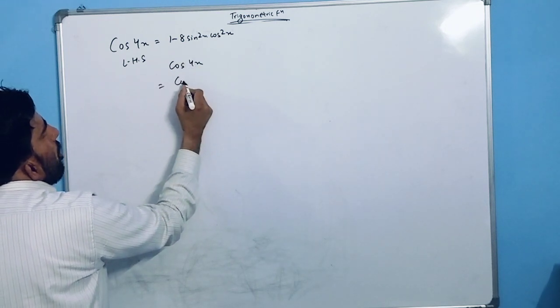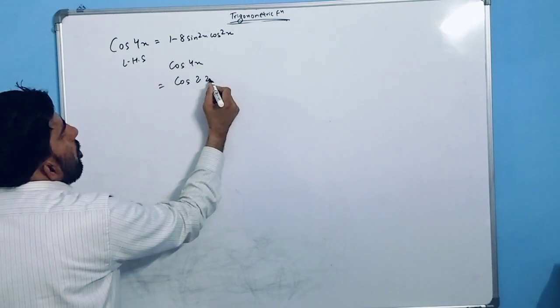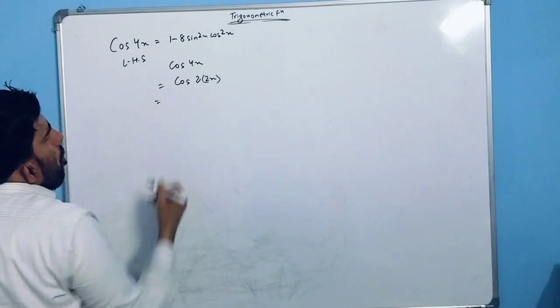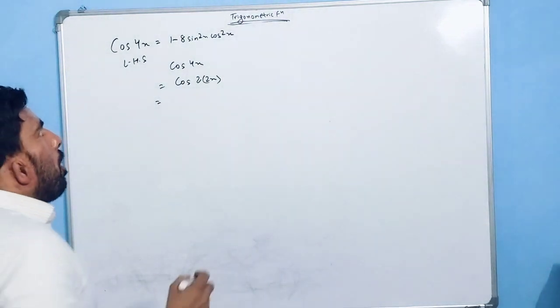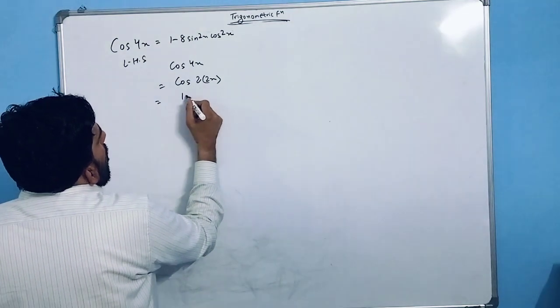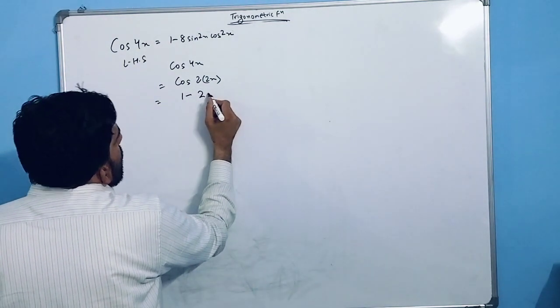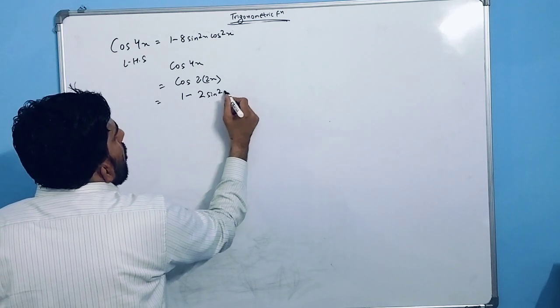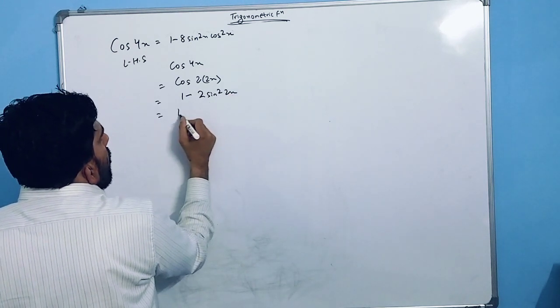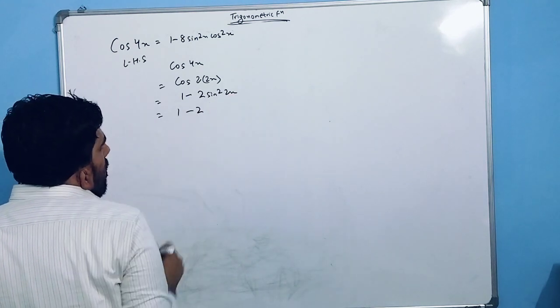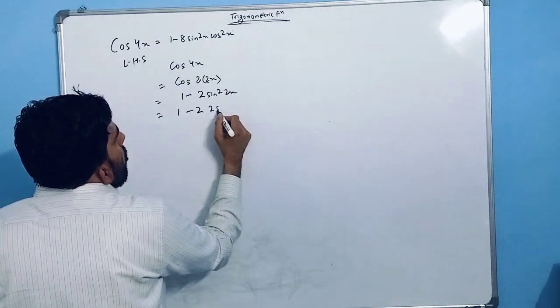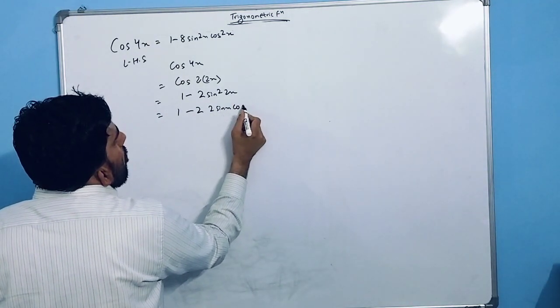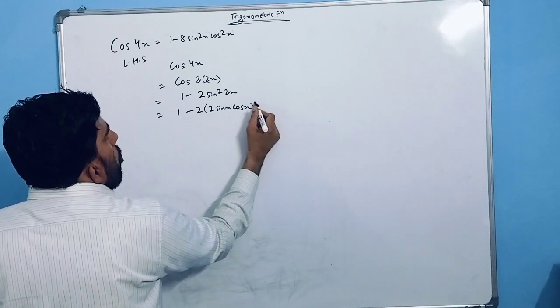So we can write it as cos 2 into 2x. Now we will use the cos 2x formula, that is 1 minus 2 sin square x. So 1 minus 2, now sin 2x will be 2 sin x cos x whole square.